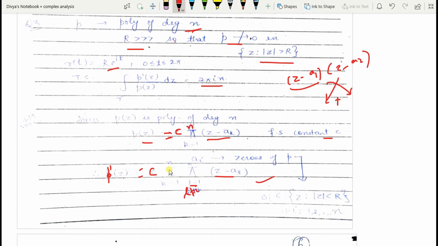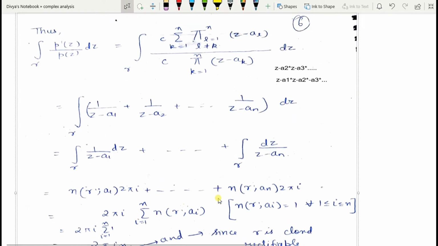So this derivative function is clear for an n degree polynomial. This is equal to the summation from k equals 1 to n of the product over l of z minus al, where l is not equal to k. Clear?